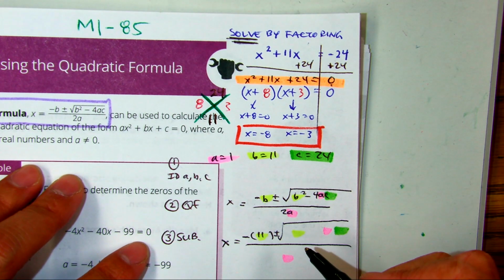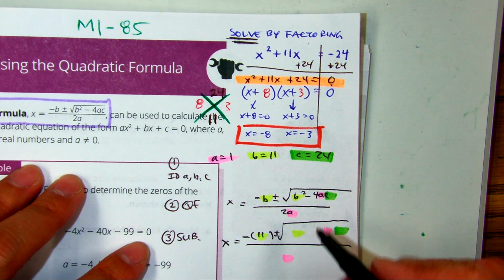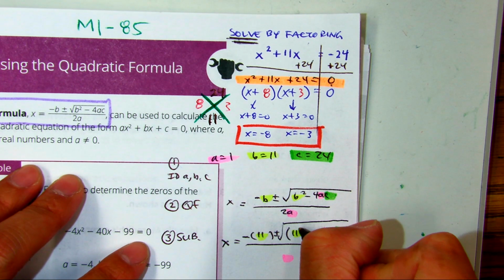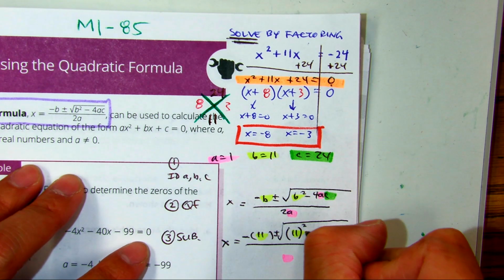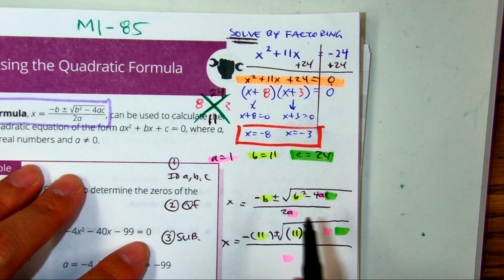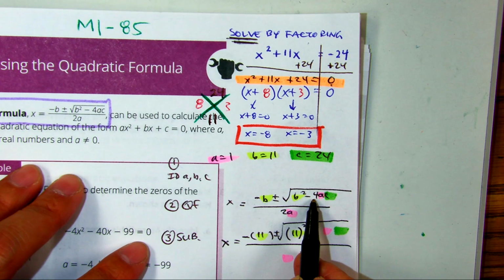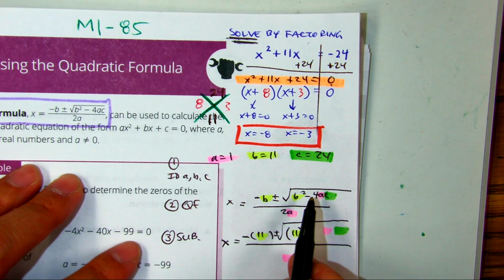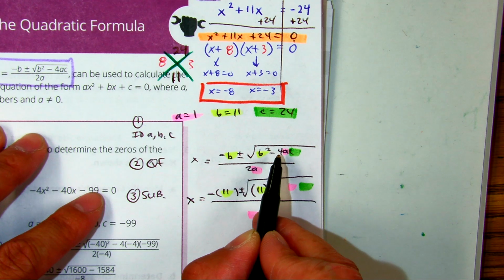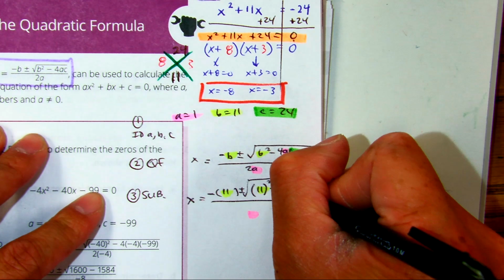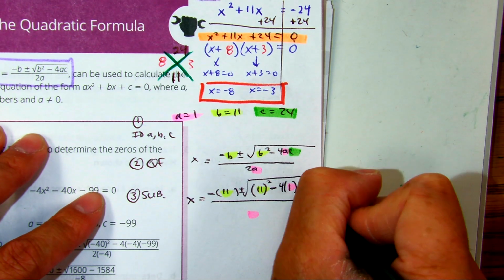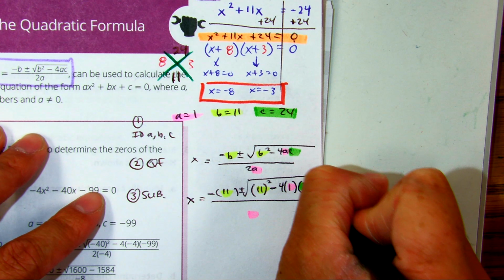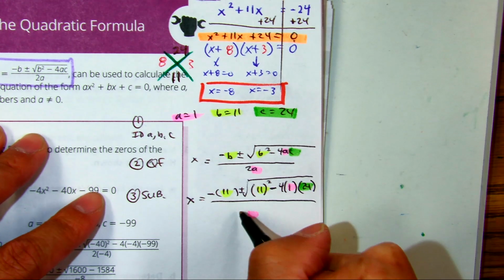Keep going. 11 squared. And then minus 4 times 1 times 24. Tony, what number is that? 4. And 1. Yep, and 24. Correct. And then 2 and 1.